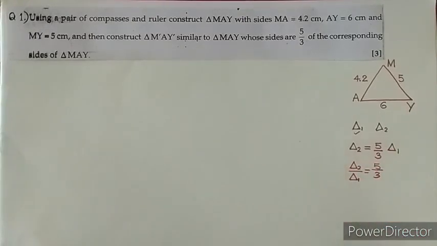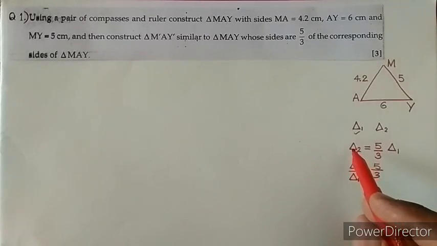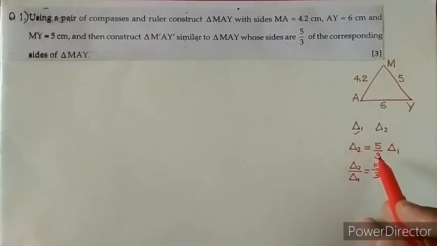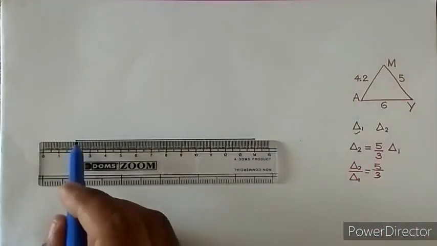This is another rough work, we'll use it later. This means that the sides of triangle 2 are 5/3 times the corresponding sides of triangle 1. Then, taking triangle 1 on the other side, triangle 2 upon triangle 1, the sides are in the ratio 5:3.